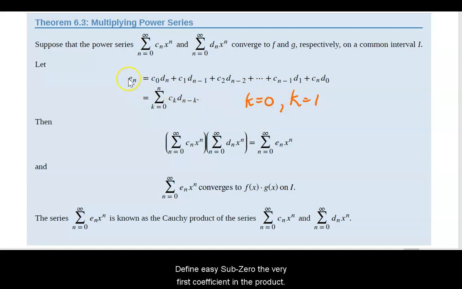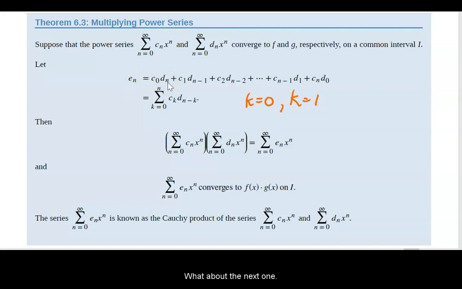To find e sub 0, the very first coefficient in the product representation for the product of the two power series, I'll take c sub 0 and multiply it by d sub n minus 0. N minus 0 would give me n, so e sub 0 would be c sub 0 times d sub n.